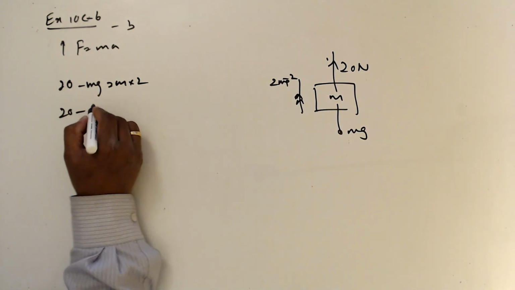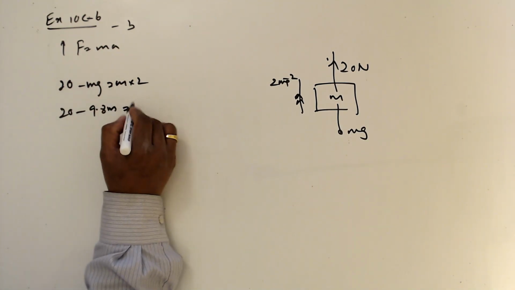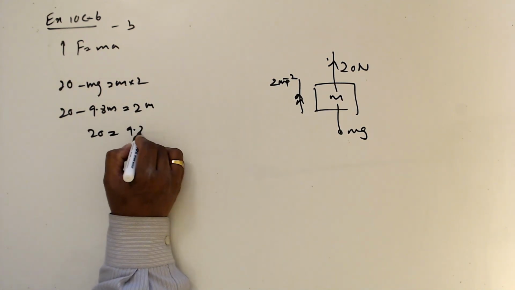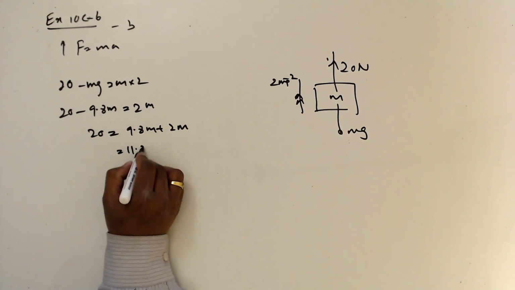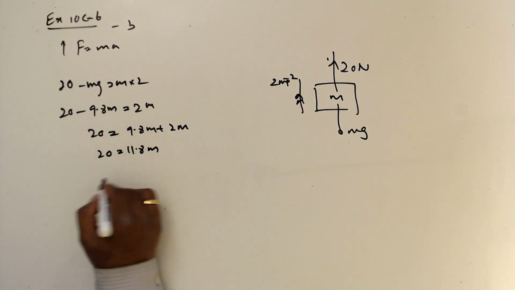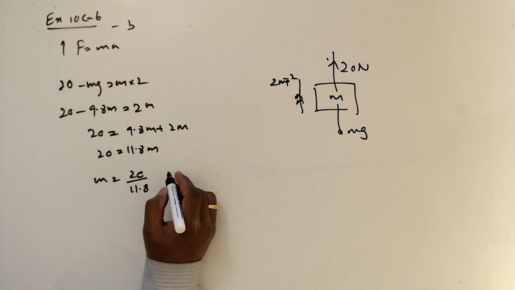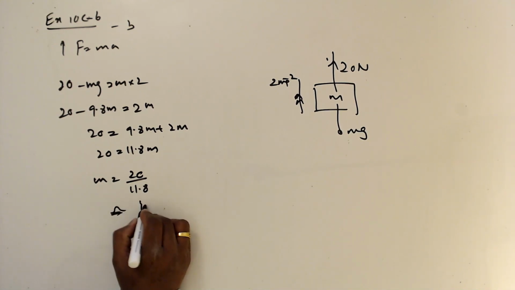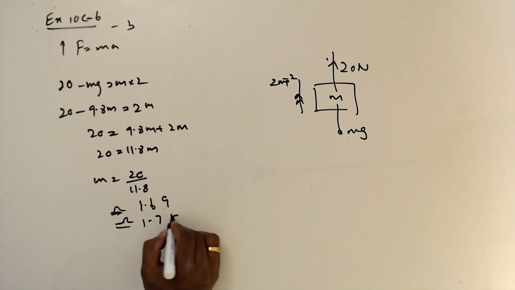So 20 equals 9.8m plus 2m, that is 11.8m. So m equals 20 divided by 11.8. This is equal to 1.69, and let's say approximately 1.7 kilograms.